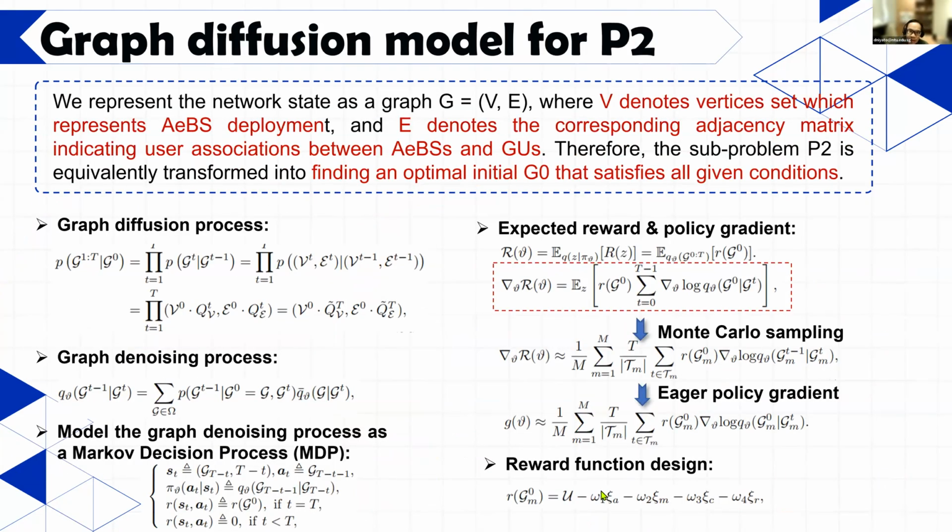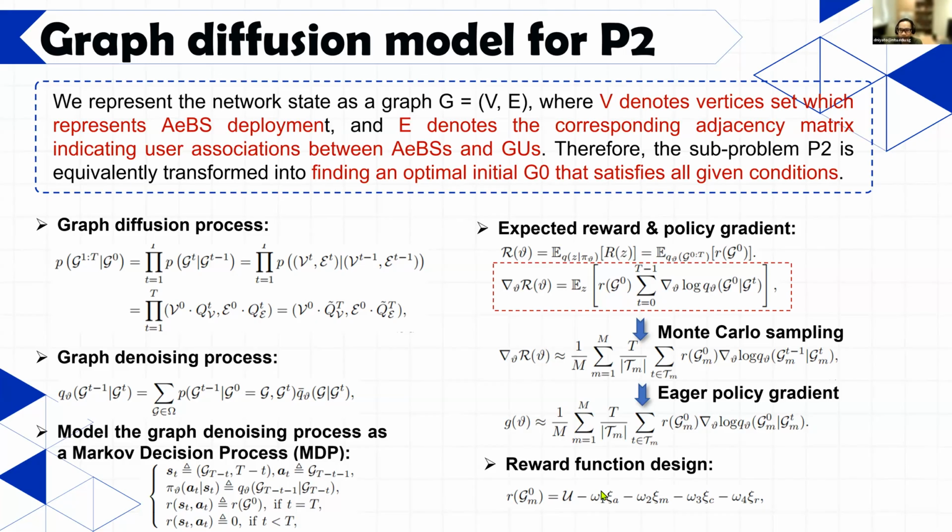So for the second subproblem, we represent the network state as a graph where the vertices represent the deployment of the aerial base station, and the edges are represented by the adjacency matrix, which indicates the user association between the aerial base station and the ground user.